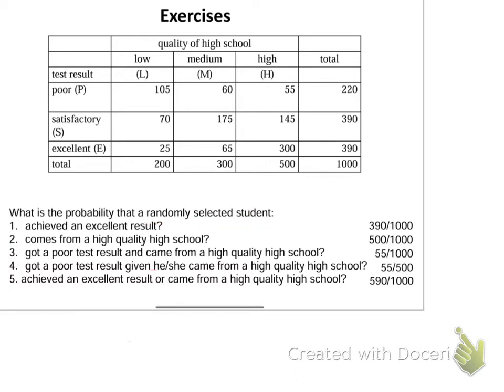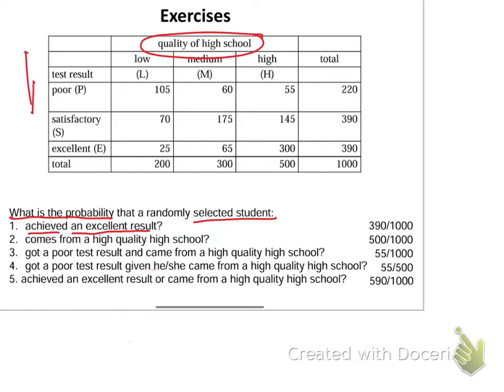Question number 1: what is the probability that the selected student achieved an excellent result? He didn't specify whether this student is coming from a high quality, low quality or medium quality school, just the excellent result.